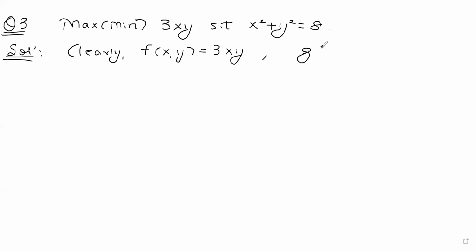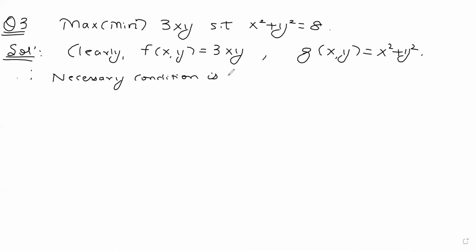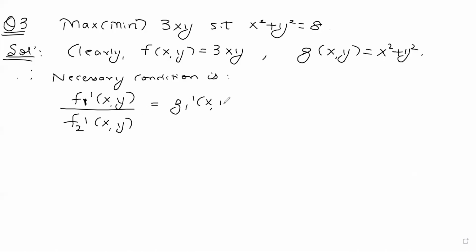My function g of xy is equal to x square plus y square. What is the necessary condition? The necessary condition is f1 dash xy upon f2 dash xy exactly equals g1 dash xy upon g2 dash xy.